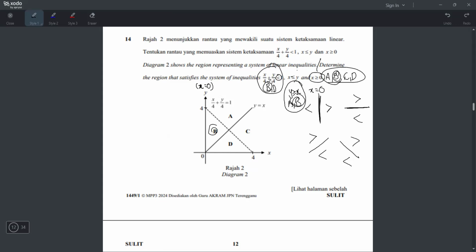You have to choose the one that is in all three regions, or you can say the one that overlaps. So the region where all three overlap is region B, because all three have B. So B is the only region that satisfies all three at the same time. Okay, done.